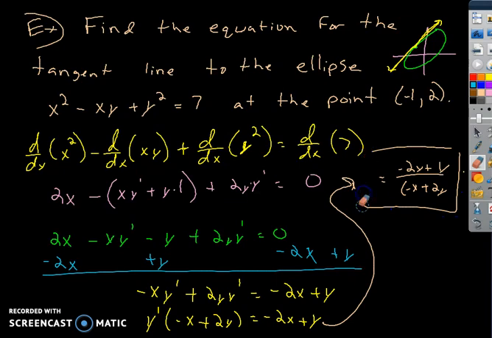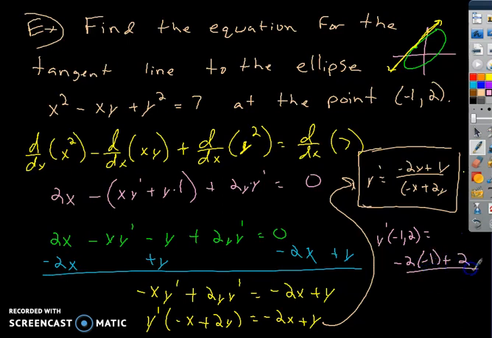They gave us a very specific point to find the slope at, or actually the equation of the tangent line at. So if you want to find the equation of the tangent line at this place, you want to replace all the x's and y's with negative 1 and 2, respectively. So y prime at negative 1, 2 is negative 2 times negative 1. I need more space in this, so right beneath. So it's negative 2 times negative 1 plus 2 over negative 1 plus 2 times 2.